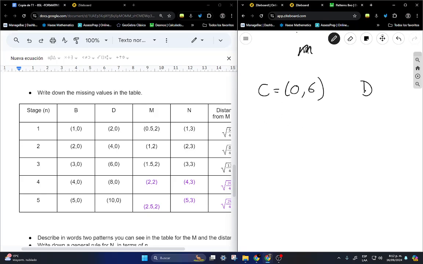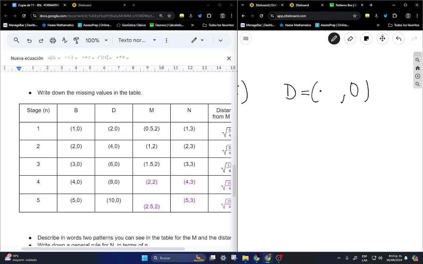And D. But D is changing. Remember, D is varying. So what is fixed of D? The 0, like in the previous case. But D is changing by 2.